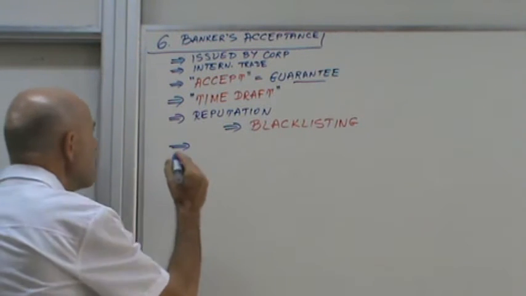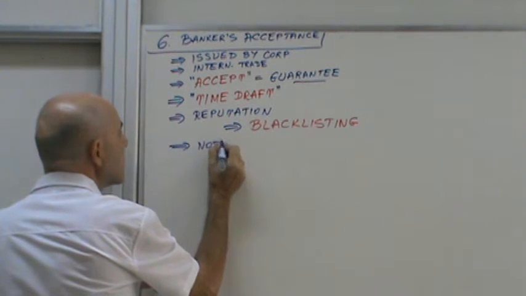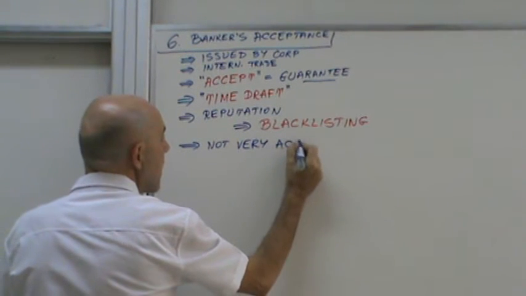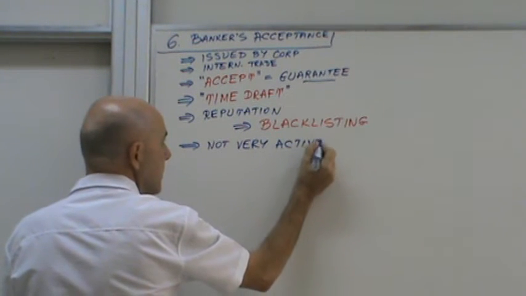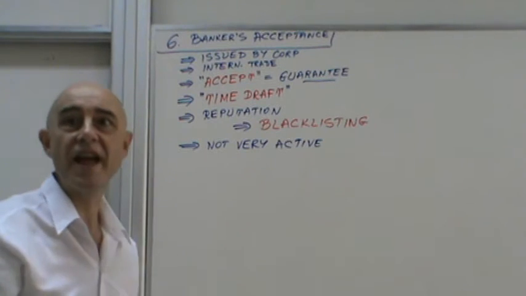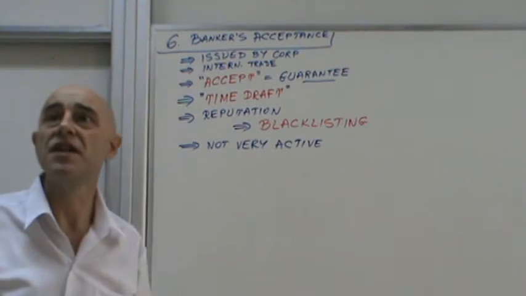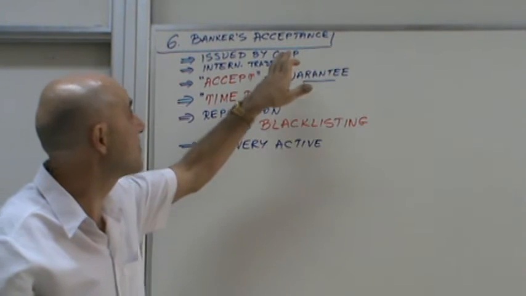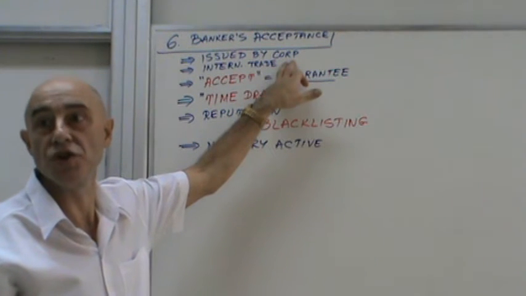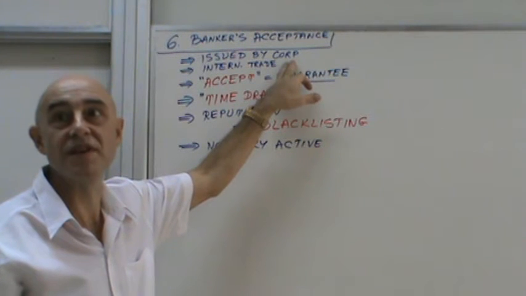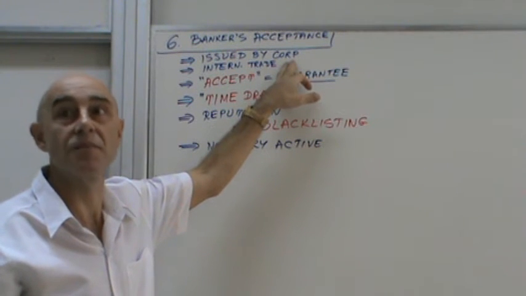The secondary market is not very active. They don't trade actively for a number of reasons. There are a whole bunch of different corporations who issue them. Some could be small companies, middle-sized companies, some could be large companies.